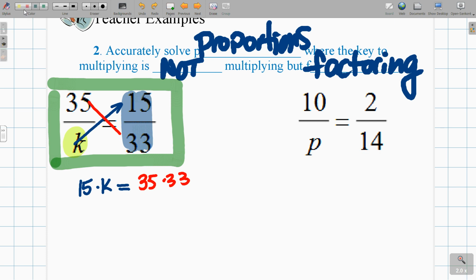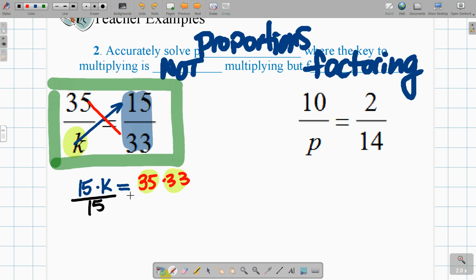The key to multiplying is not to actually multiply, but to factor. That way you can do this without using a calculator. So we're going to solve here by dividing by 15.